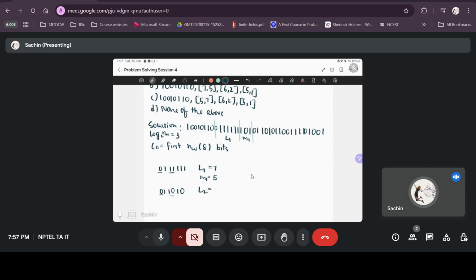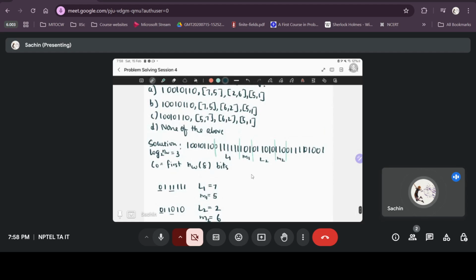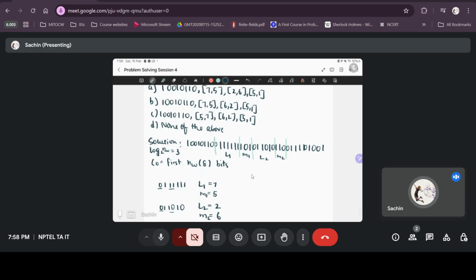L2 is 2. M2 is 110, which is 6. So from that you can eliminate options B and C already. Left over is only option A or none of the above.